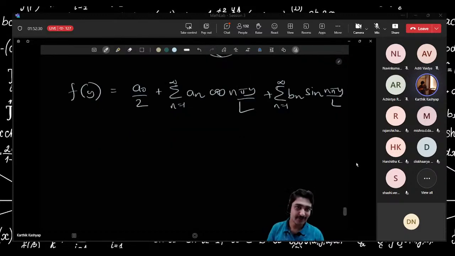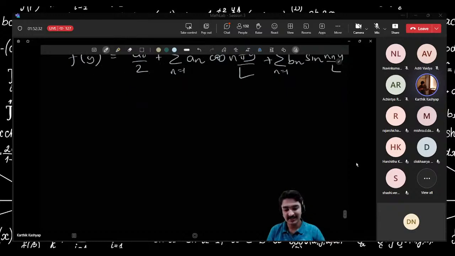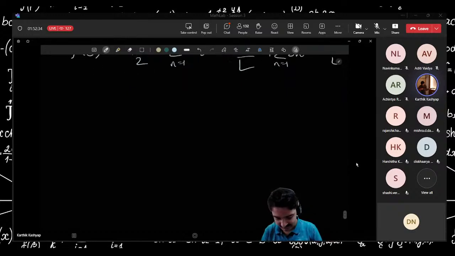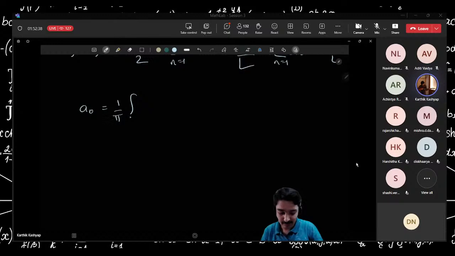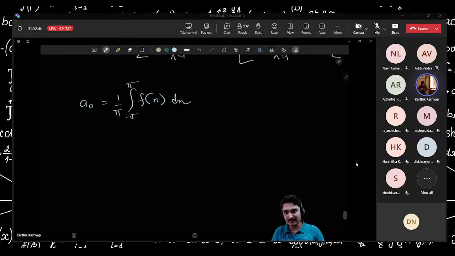Now again, we don't have to find the coefficients again manually. We can just use the same method again. a0 is 1 by pi times the integral of f of x dx from minus pi to pi. So again, we just replace x by y.